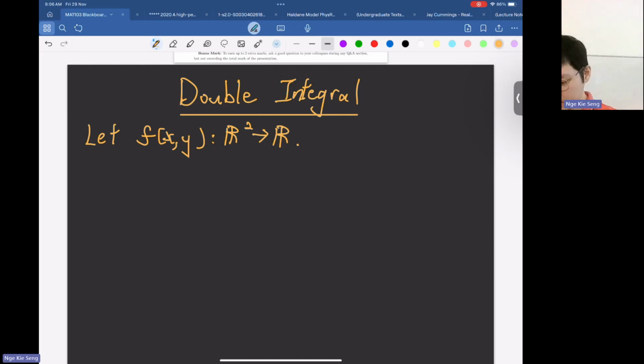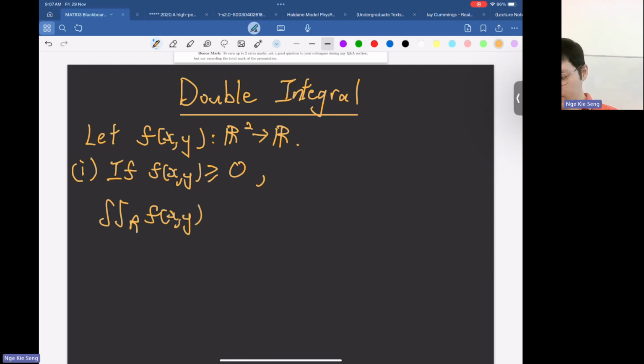So what have we learned? What's the tool we learned last time? As long as your function is non-negative, what is the double integral computing? It is just the volume under the surface.